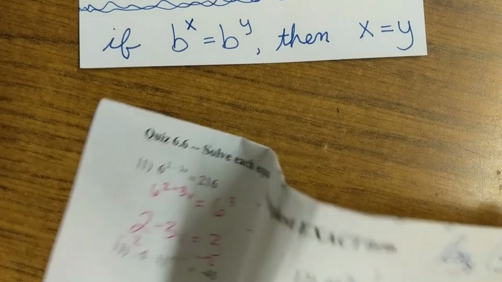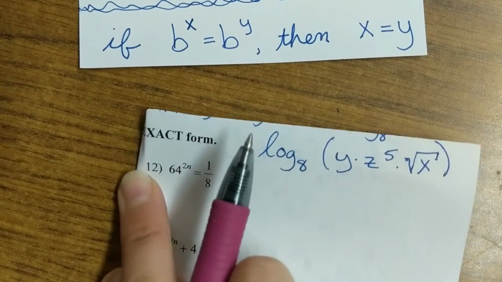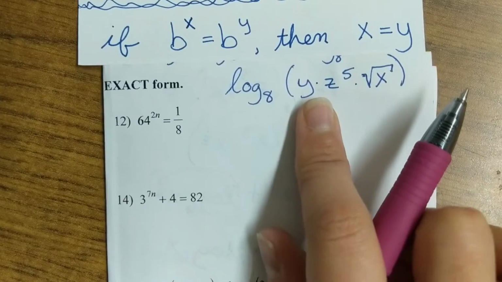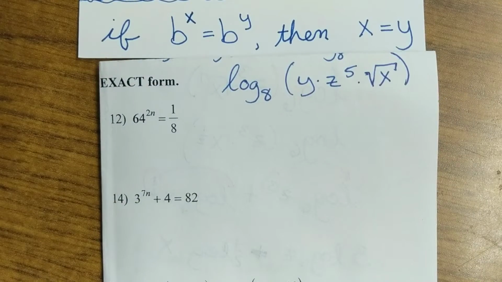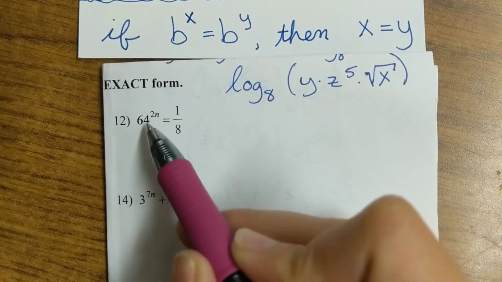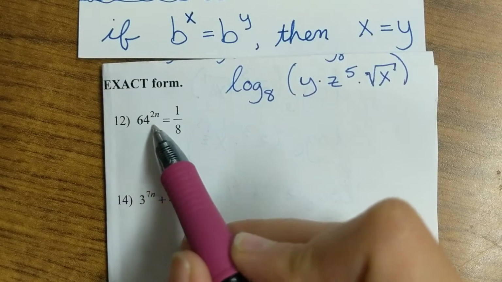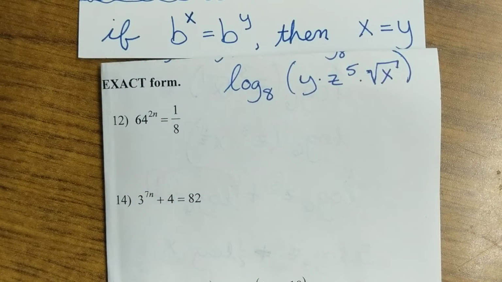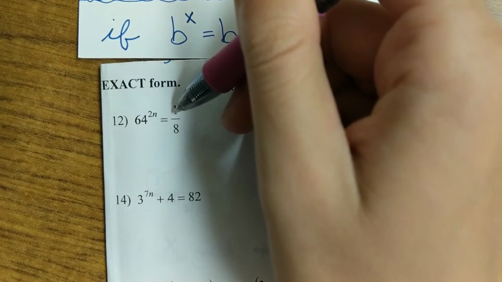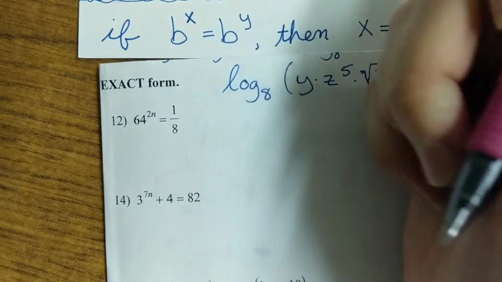All right. I was only going to do the odds, but this one is kind of a little bit harder, I think. Maybe, I don't know. So 64 to the 2n equals 1/8.